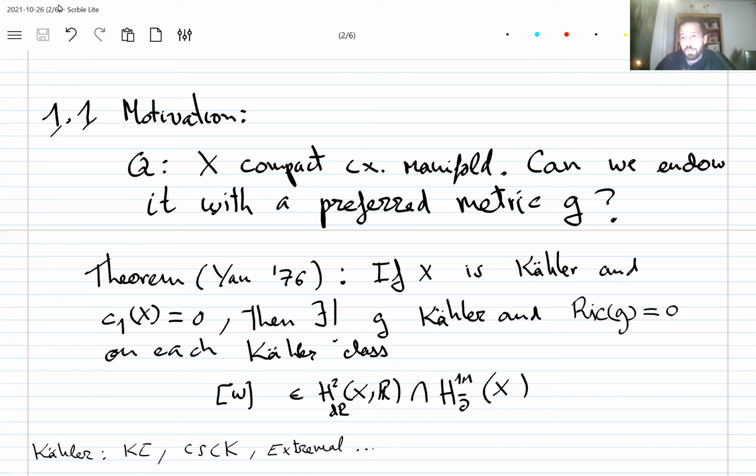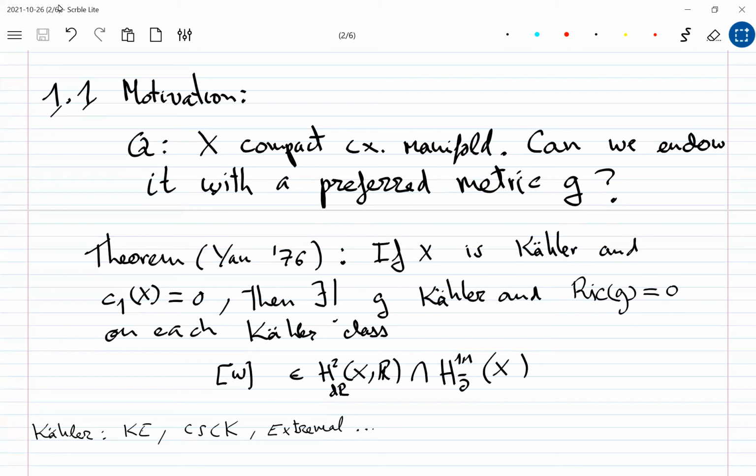And this Ricci flat metric is the one which uniformizes your geometry. So in the realm of Kähler geometry, this has motivated a lot of work via the study of Kähler metrics, cscK, extremal, and so on.